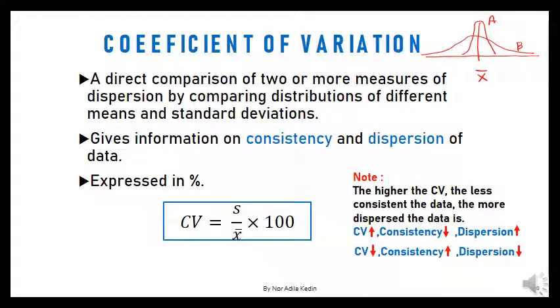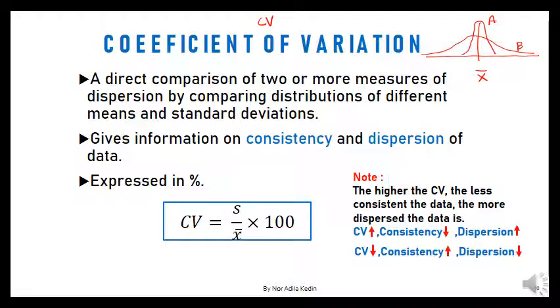But what if you ada dua atau lebih distribution tetapi mean-nya tidak sama? So, to compare dispersion, jika awak ada lebih daripada dua atau lebih distribution yang mempunyai mean yang berbeza-beza, then you have to use coefficient of variation ataupun CV.